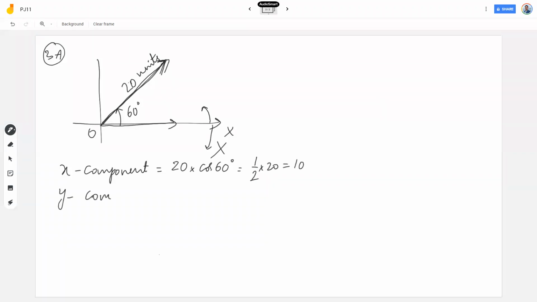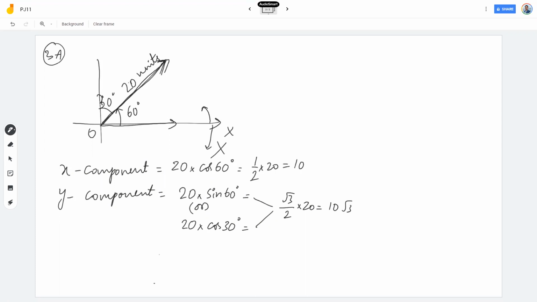Y component is equal to 20 into sine 60 degree, or you can see what angle the vector makes with y-axis. This would be 30 degree, no? So you can also say 20 into cos 30 degree. Both are the same only. Both will give you root 3 by 2 into 20, which is equal to 10 root 3 units. So this is in positive x direction. This is in positive y direction. So the vector r bar is equal to 10 i cap plus 10 root 3 j cap.